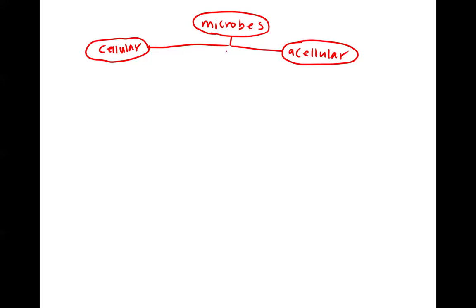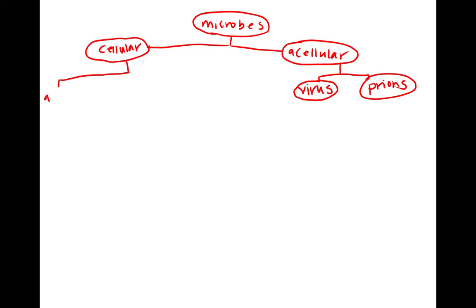So first I'm going to make this chart that we're all familiar with, but I think it'll help us work our way through what is what. So this guy was viruses and prions, right? Okay, and then the cell ones, way over here, we had archaea. I'm going to put archaea over here on its little lonesome self.